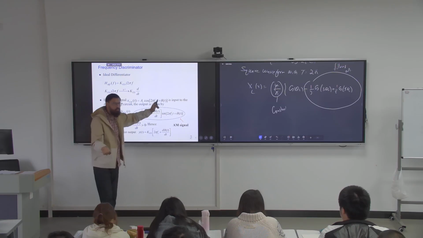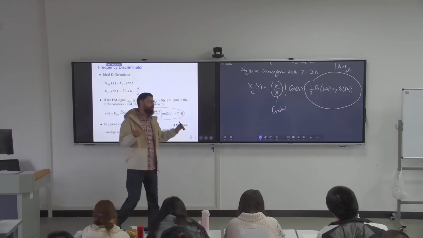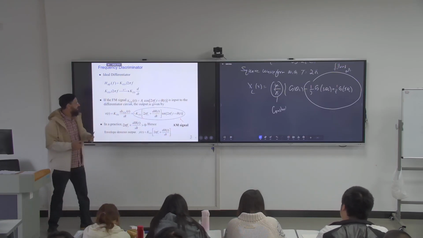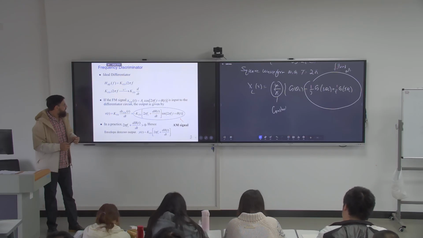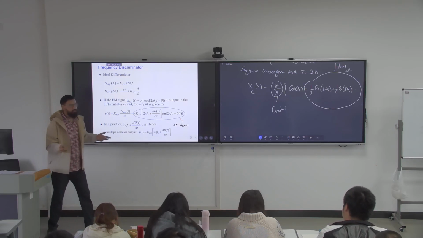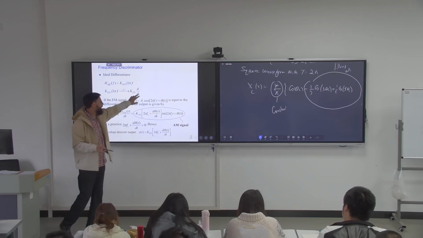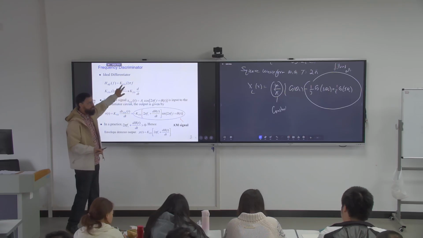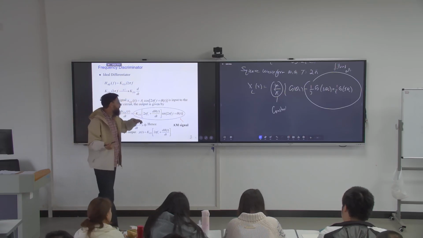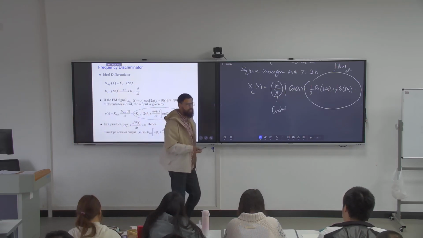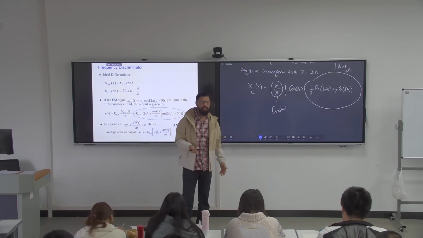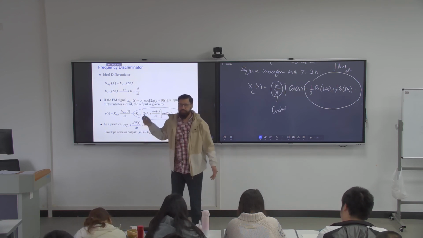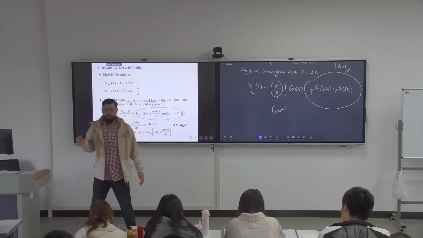If I bring it into the time domain by taking the inverse Fourier transform, it will look like K_D d by dt. That's what a differentiator is. What is K_D? This is the constant of the differentiator, right?